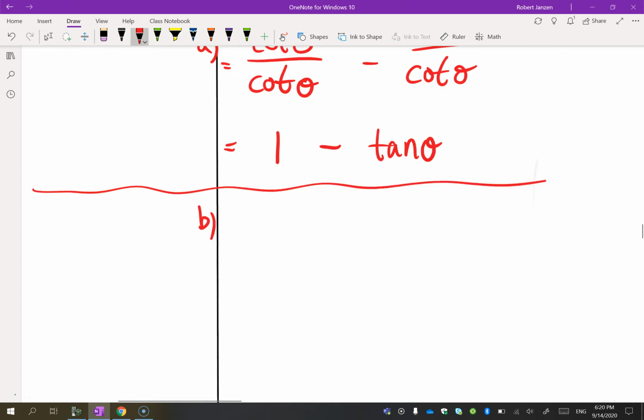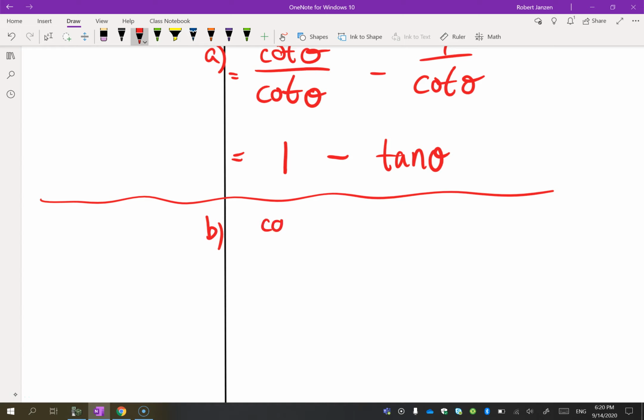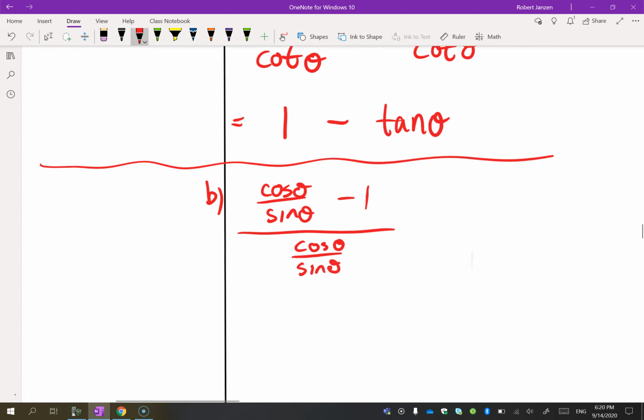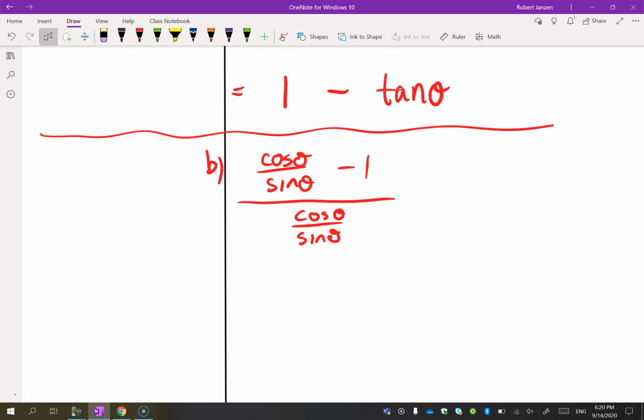Let's say instead you decided to write cotan as cos over sine. Now this is going to take us a little longer, but it still works. Okay, if we had this, what we would look at is the numerator and we would put that together. To put it together, you need common denominators.